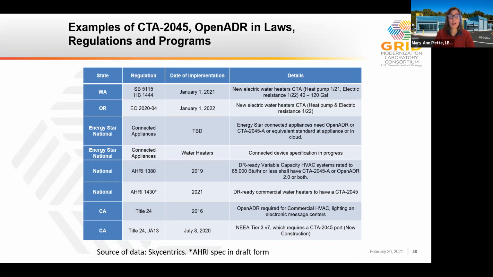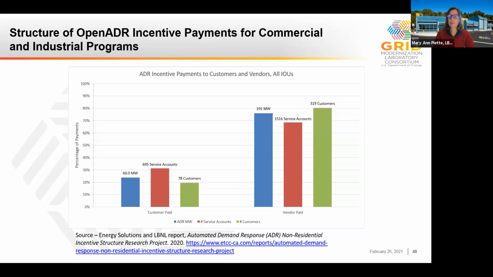In California, Title 24 has had OpenADR requirements for large commercial buildings for several years in commercial HVAC. And there's also something called JA13 that has some requirements for CTA 2045 in water heating. So there's a variety of these requirements around the country. And let's go ahead to the next slide.